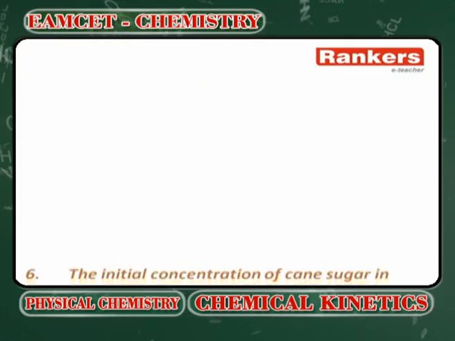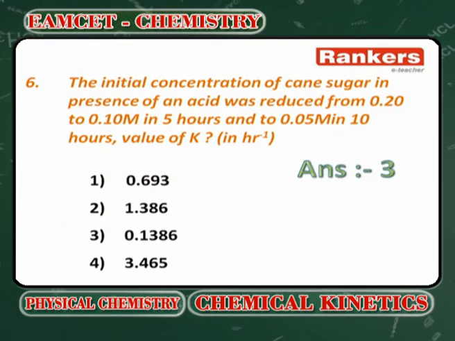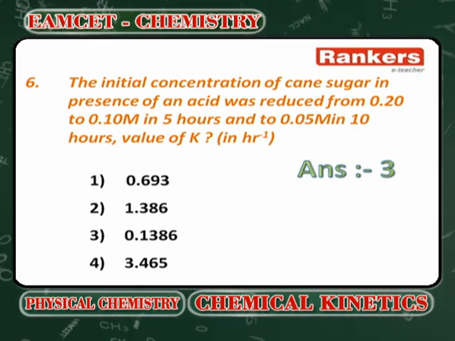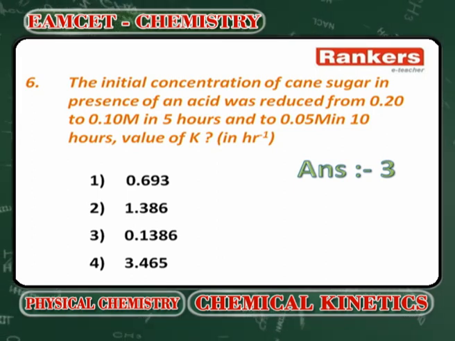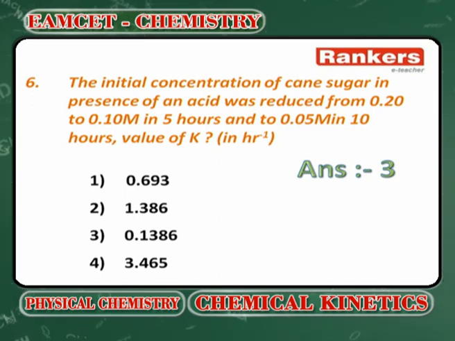Next, the initial concentration of cane sugar in an acid was reduced from 0.2 to 0.1 in 5 hours, and to 0.05 in another 5 hours, 10 hours in total. What is the value of K? Let us first see the order of the reaction.